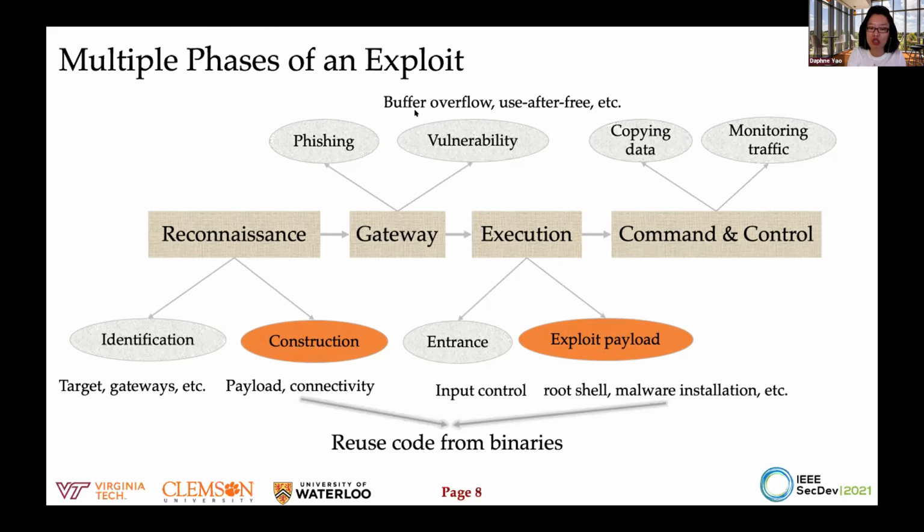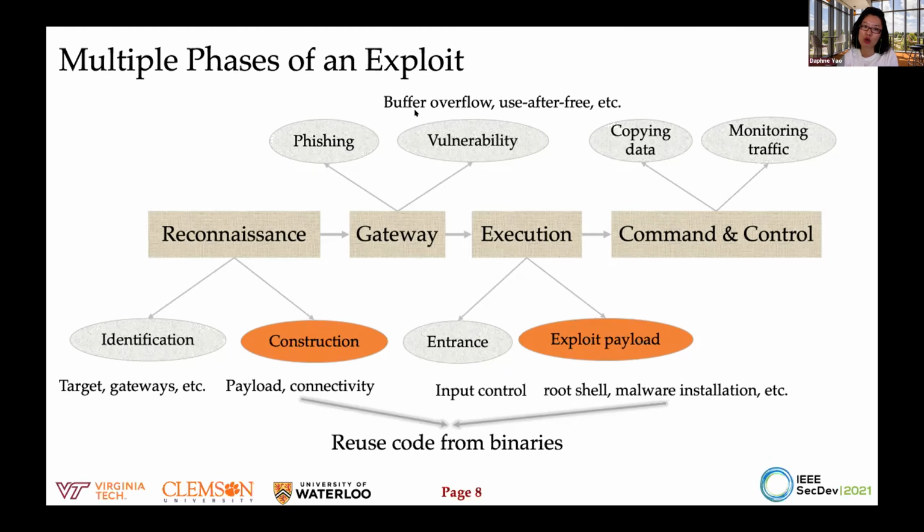So you have to reuse existing code in the process memory. You have to figure out what kind of versions and what the operating system and the application are. That's reconnaissance. And if you look at advanced persistent threats, they all follow this kind of process.